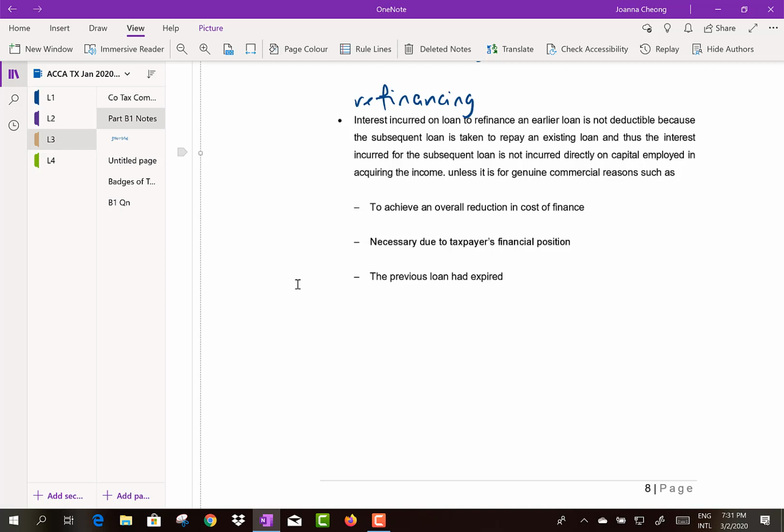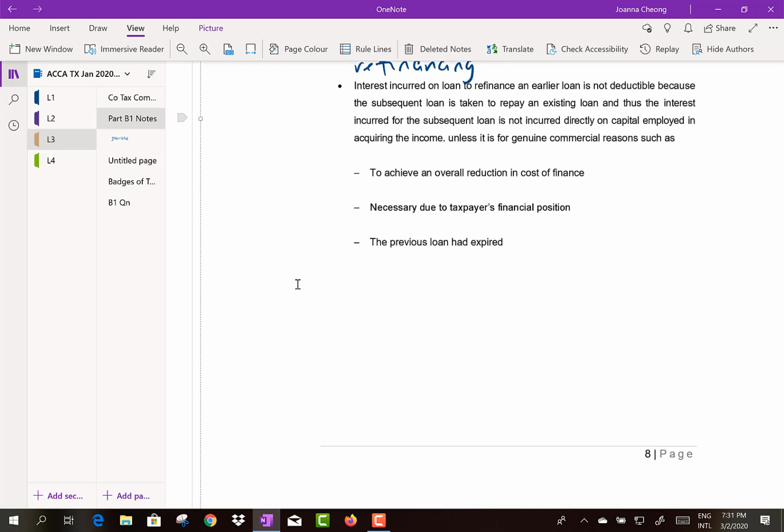Okay, for those of you who are not very familiar with this, in future if you were to buy a car or buy a house, you will find yourself always looking for refinancing. Let's say many years ago, in 2014, it can be any year, the interest rate is 15%, and you borrow loan number 1 to buy a machine. Now, this machine is to help you to earn 10(1) income.